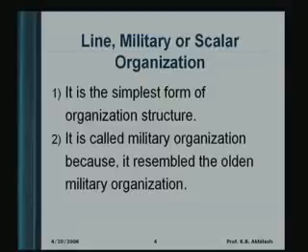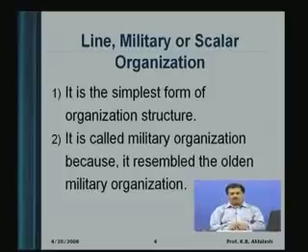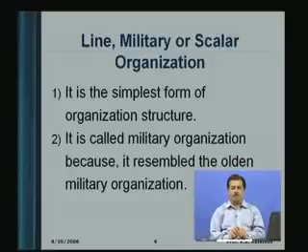Initially, the line, military or scalar kind of organization was the simplest form of putting people together. That means one person reported to the next level and the next person reported to the next level, up to the highest level, the CEO level or the commander level or whatever.